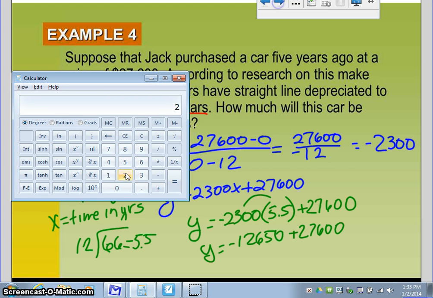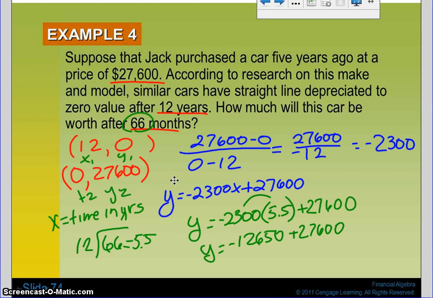I've got 27,600 minus 12,650. And the car's value at 66 months is going to be $14,950.